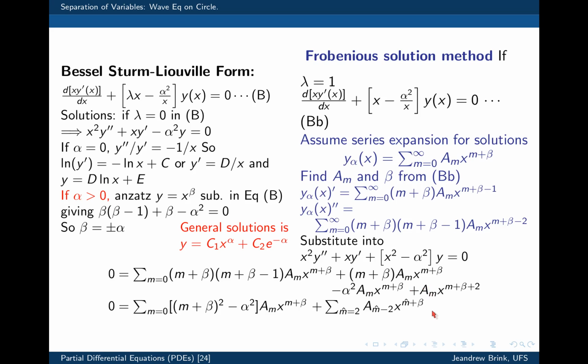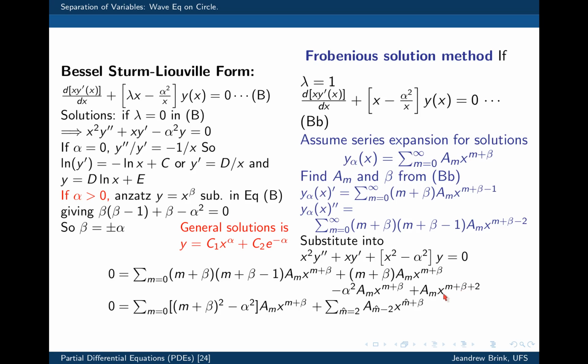So I'm going to say this last term, summed over m starting at 0, I can actually let me have a new index m hat, so that beta plus m hat equals, removes this 2 up here. So I'm going to say m hat is simply m plus 2. Okay, so if I do that, I change my summation index.